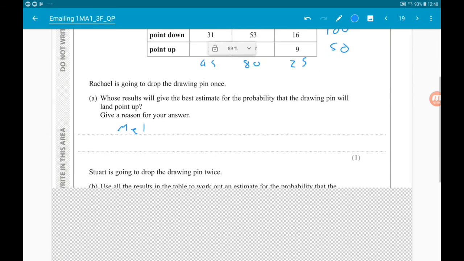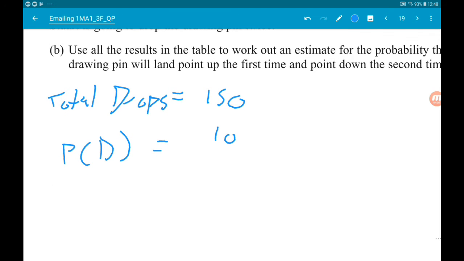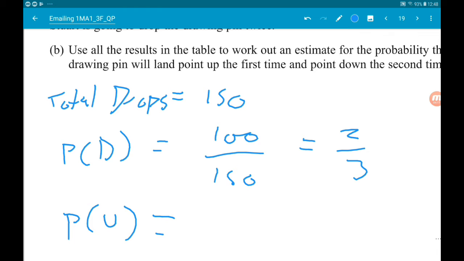So the probability of a landing point down is 100 out of 150, which is 2/3. So then the probability of a landing up will be 1/3.